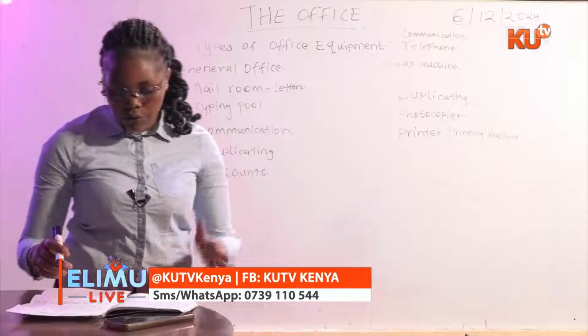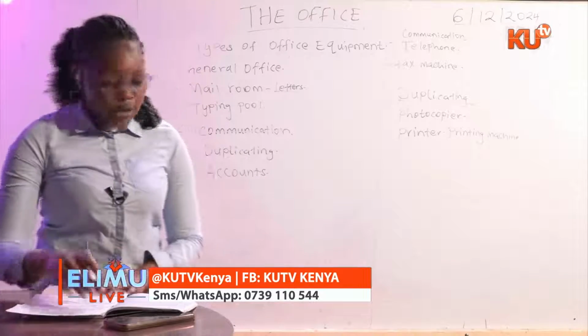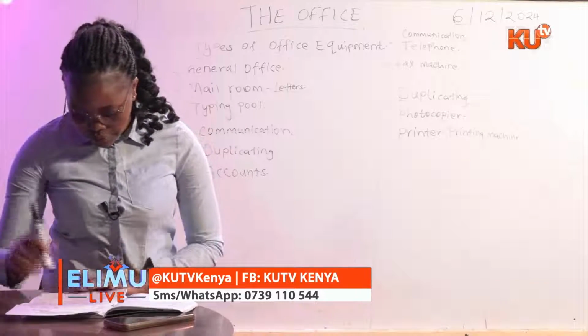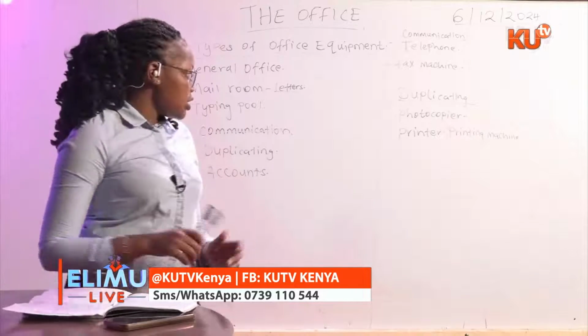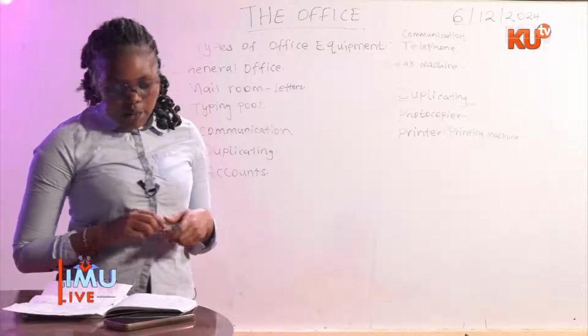So if you need to get so many copies, like in most schools, or rather I would say all the schools, a printer is a necessity, whereby even the exam papers are printed using a printer.